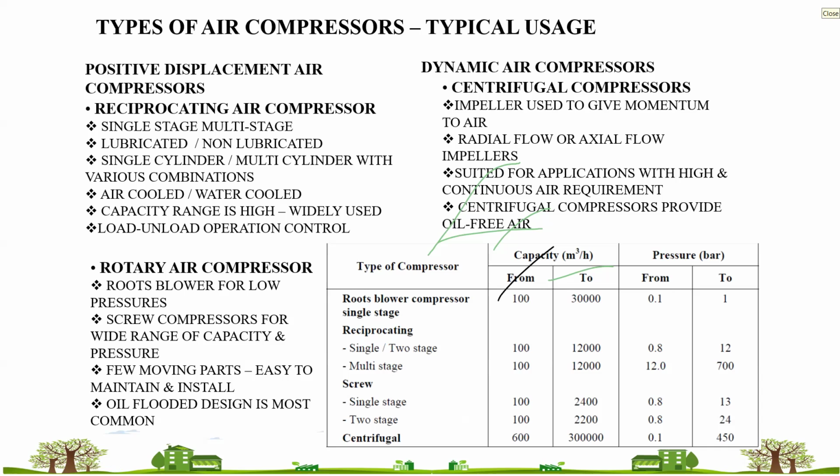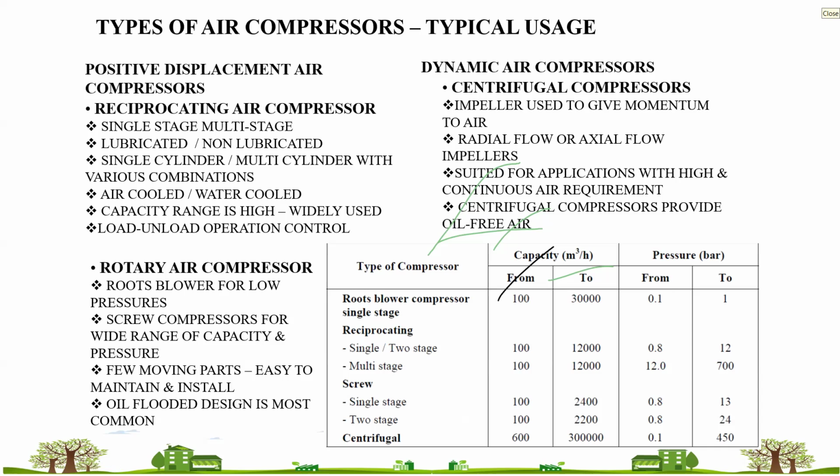For 7 bar, single or two stage compressors will be used. Then there are air cooled and water cooled reciprocating compressors, classified based on the cooling methodology of the compressor.